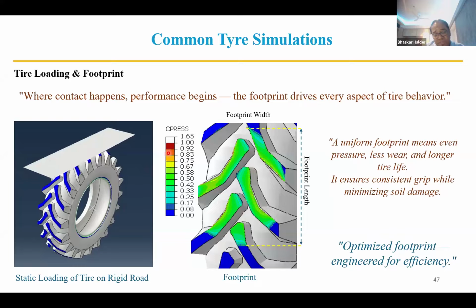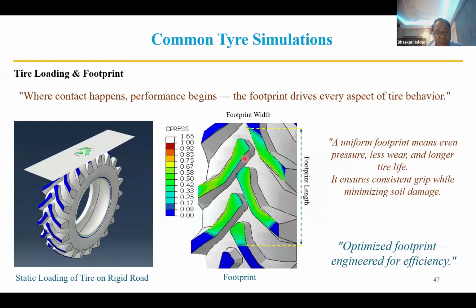Suppose there is a variation of the stress, say in the middle of the tire there is a high, red zone, then I can easily predict that my design is not correct, and I have to change some angles, some radius and all. So with this simulation, FEA can give us a good indication of whether your stress is uniformly distributed, and what the footprint length is.